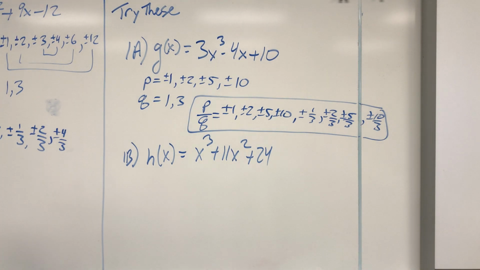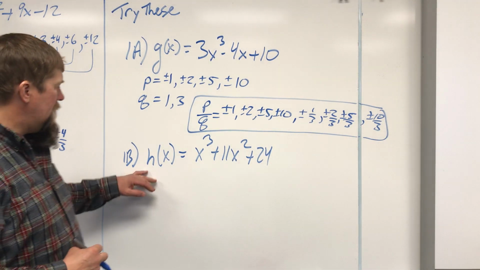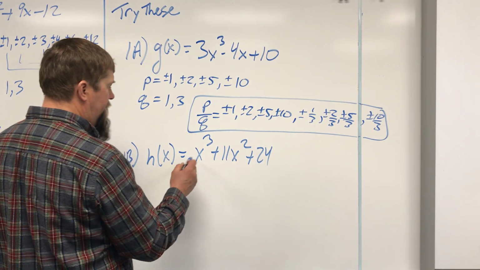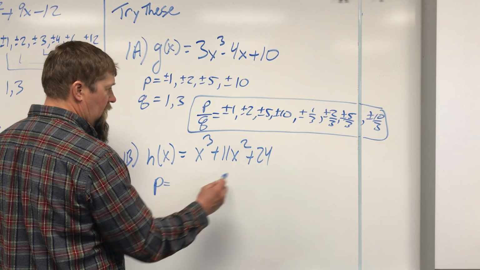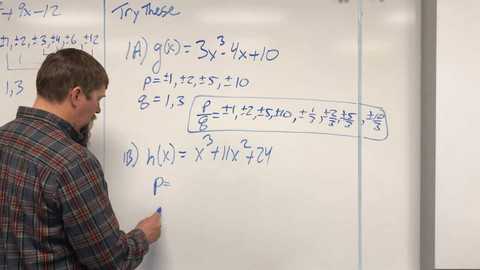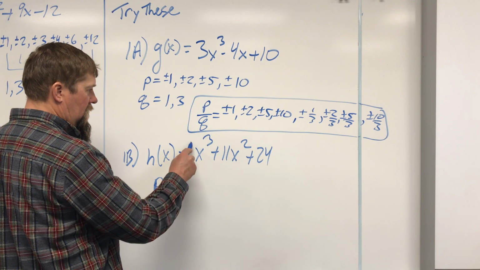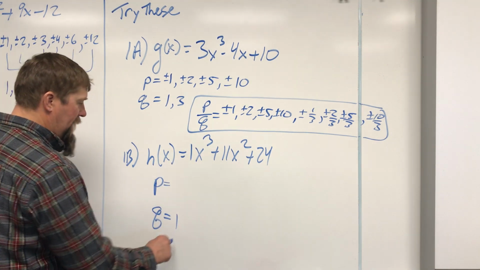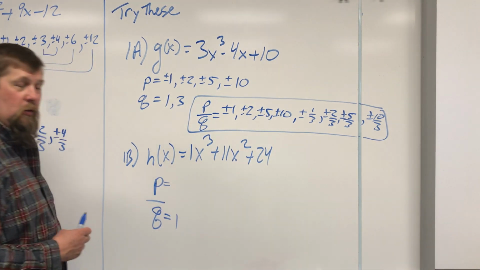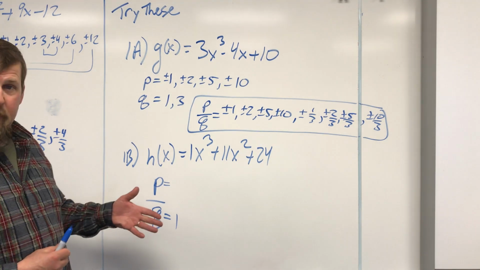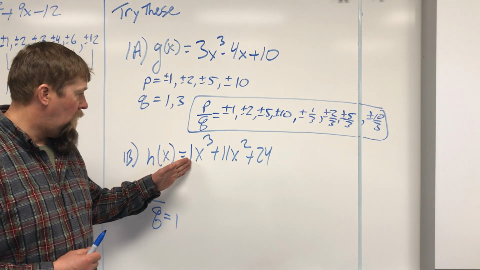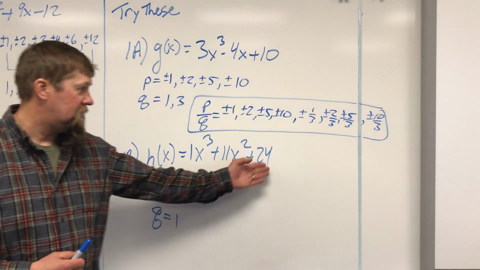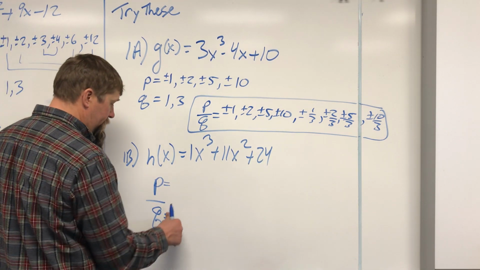Okay? On the second one, 1b here, we have all the p's are the factors of 24. All the q's are just 1. So basically, p over q is, in this one particular, since the only denominator is 1, you're basically just listing the factors of 24.